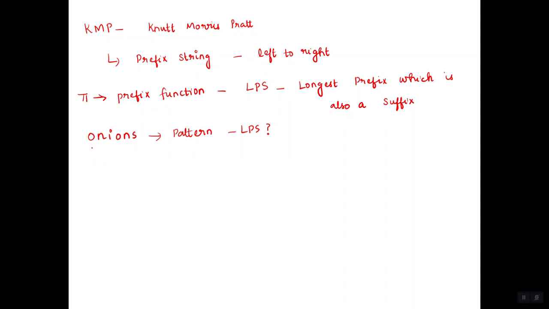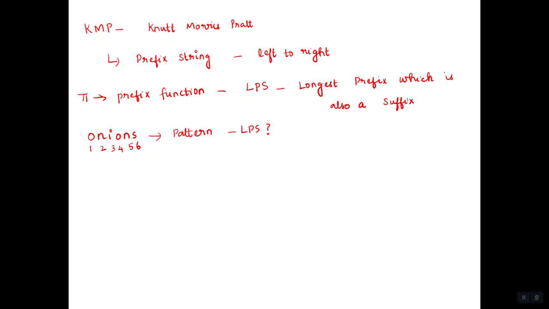The very first step for calculating the LPS is to count how many characters are present in this particular input. 1, 2, 3, 4, 5 and 6. So totally 6 characters are there, which means that my LPS array is going to contain 6 values.